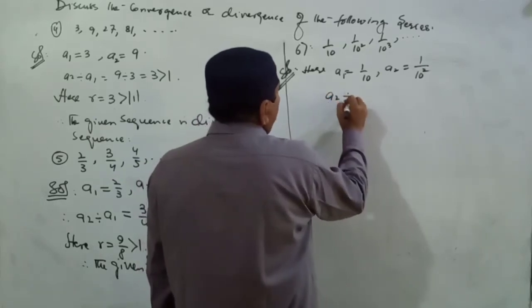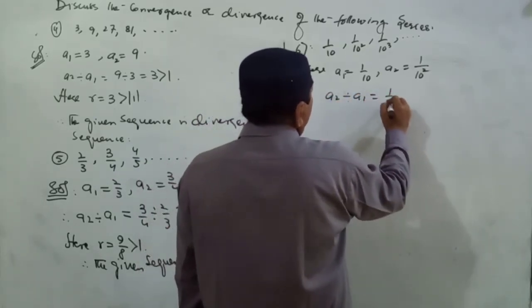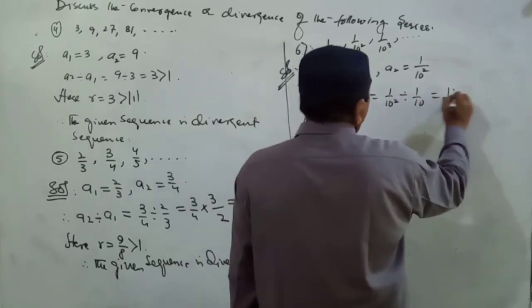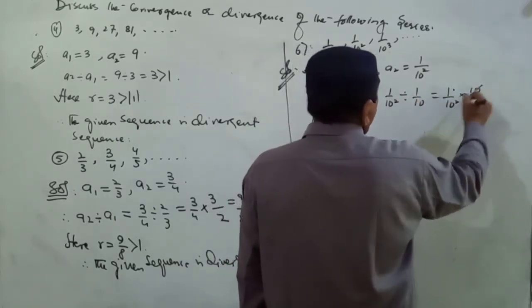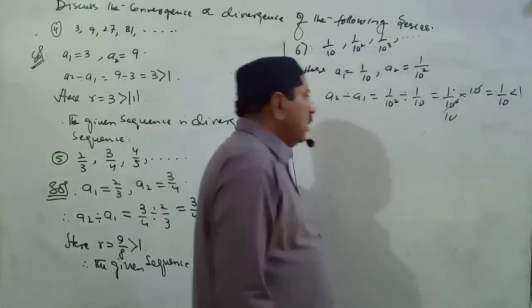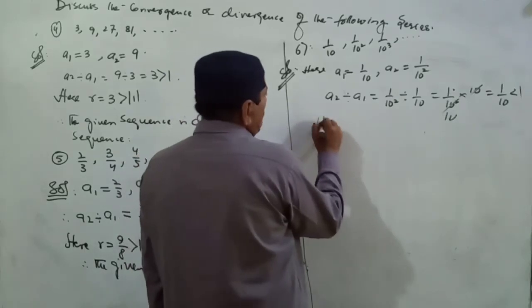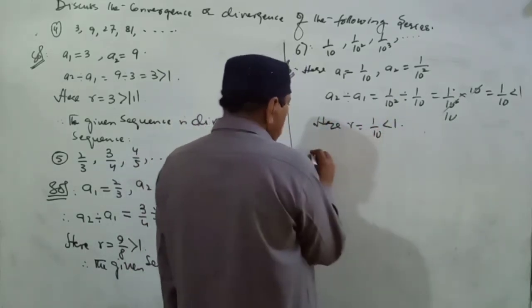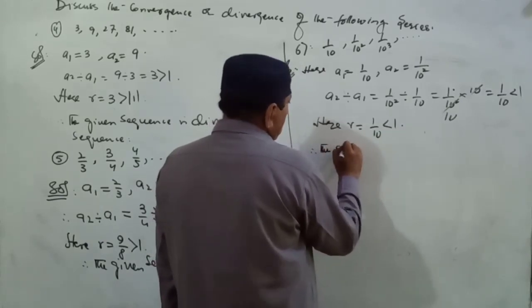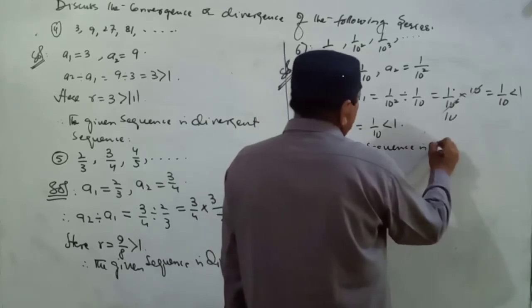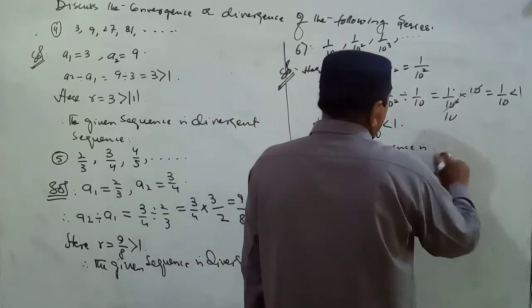So A2 divided by A1 is equal to 1 upon 10 square divided by 1 upon 10, which is 1 upon 10 square into 10, which is equal to 1 upon 10, less than 1. So here R is equal to 1 upon 10, which is less than 1. Therefore, the given sequence is convergent sequence.